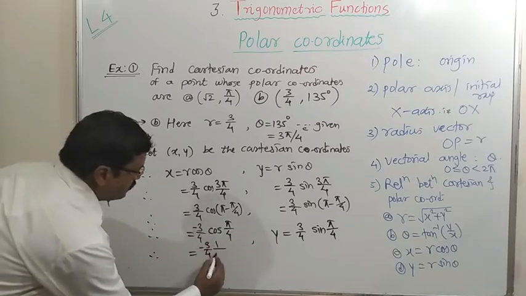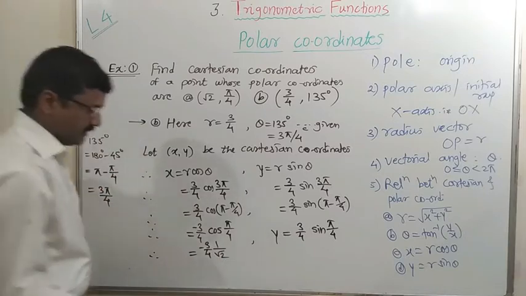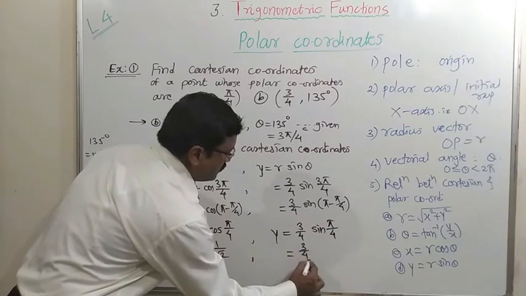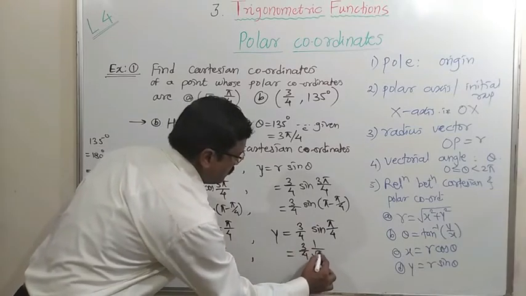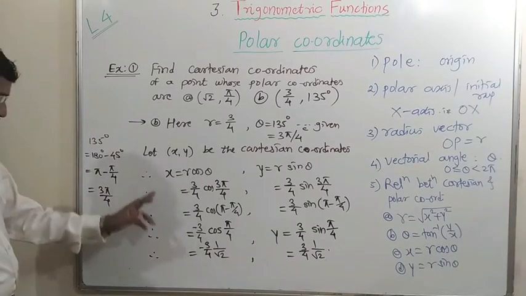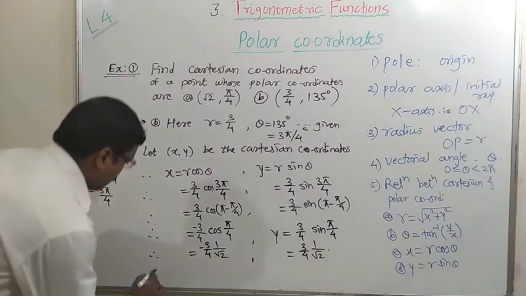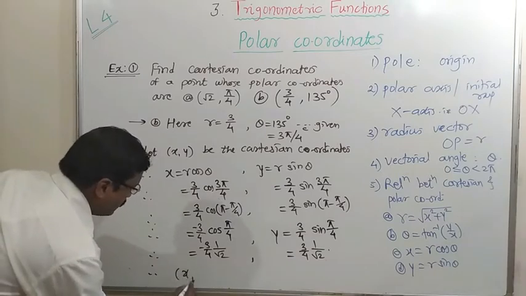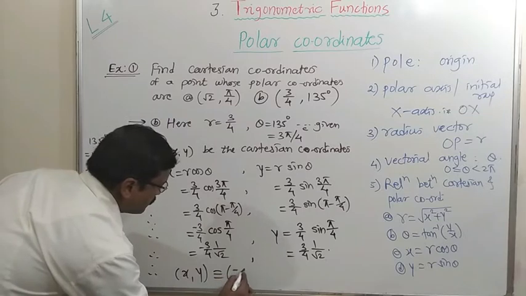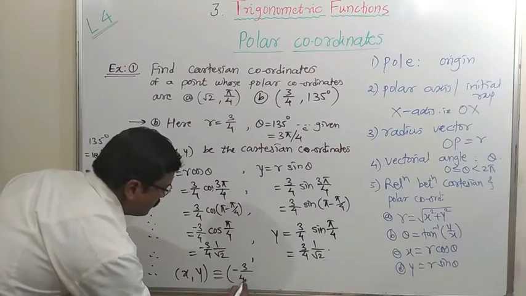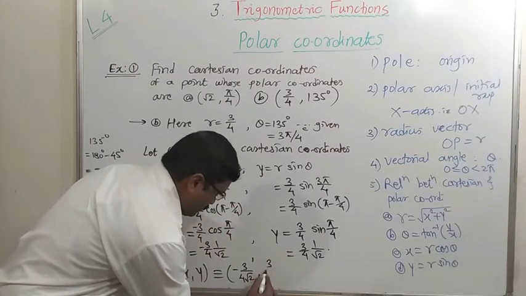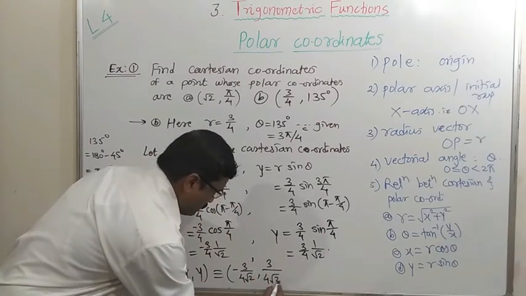So here we get x equal to minus 3 by 4 into cos pi by 4, which is 1 upon root 2. Similarly, y equal to 3 by 4 into sin pi by 4, which is also 1 upon root 2. So x and y are minus 3 upon 4 root 2 and plus 3 upon 4 root 2.